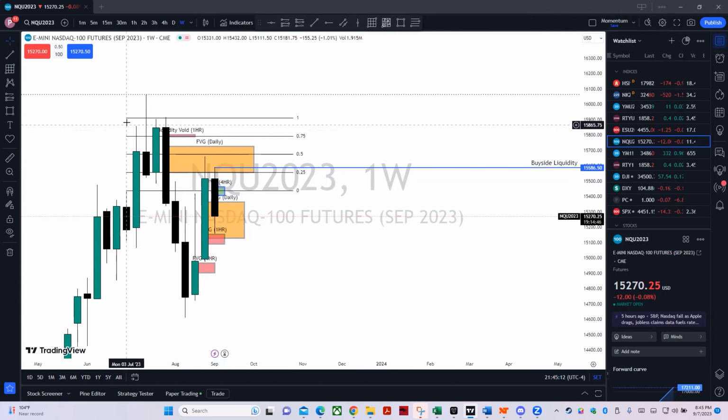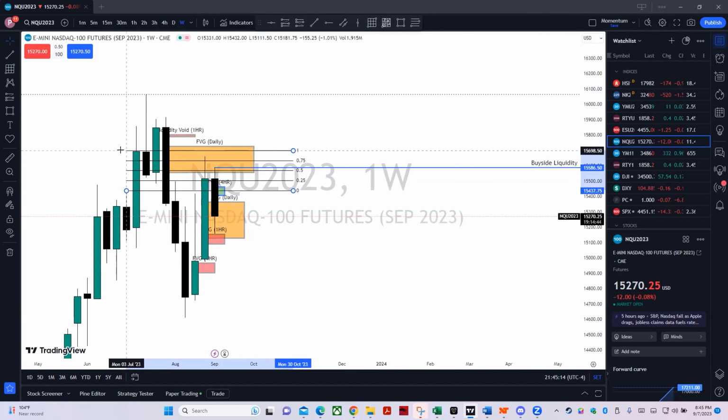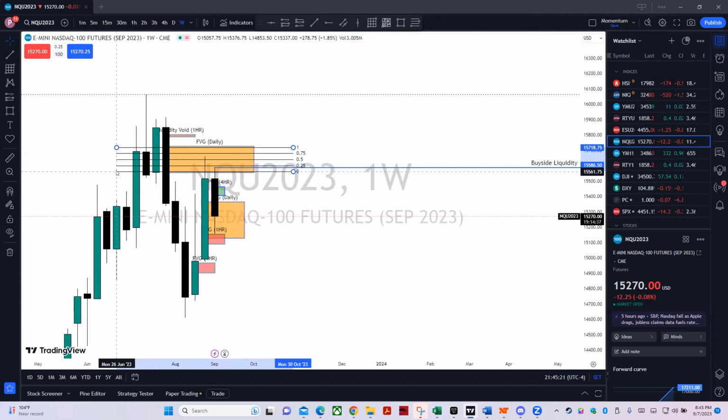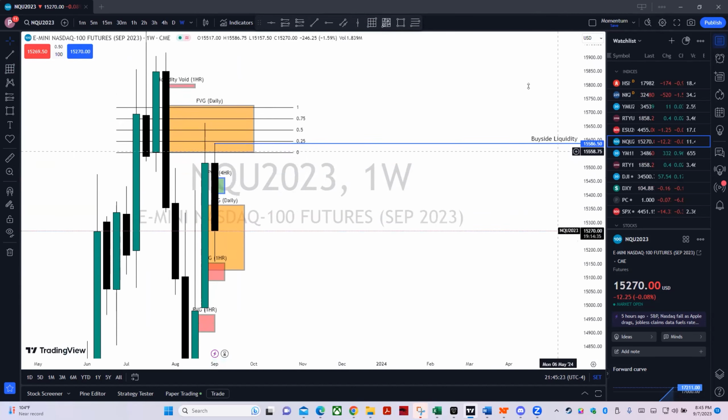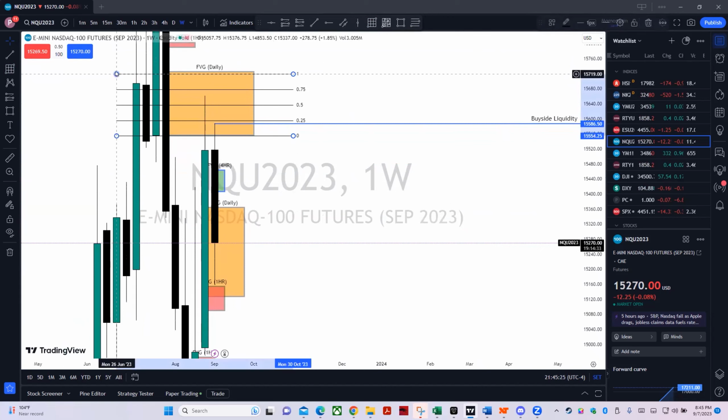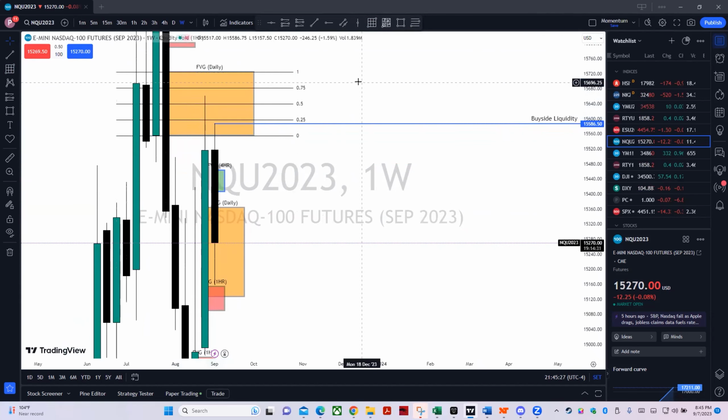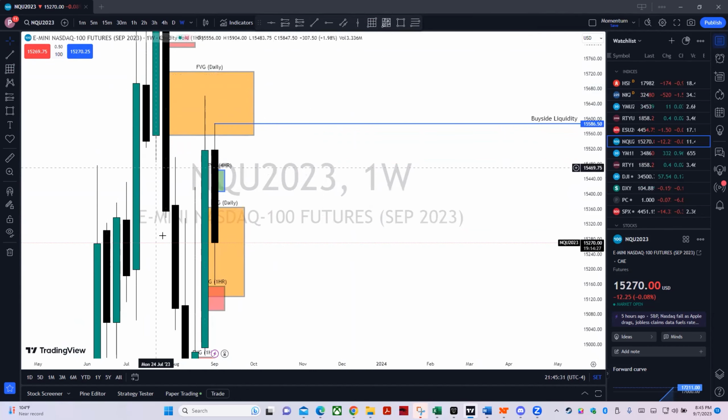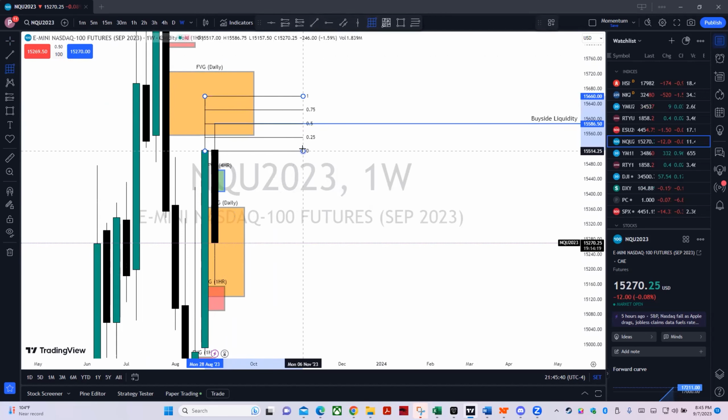Oops. Sorry about that. Let me go ahead and bring it down. There we go. And straight to it. Gosh, that's crazy how we just have a massive wick on the top side, and we went into consequent encroachment of this wick.